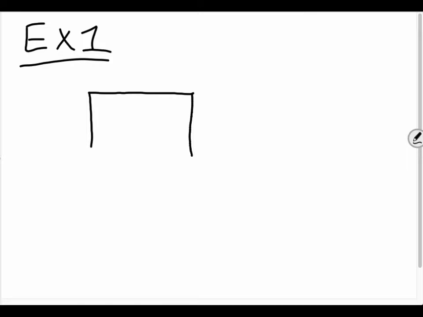So the first thing that we've got to understand in our textbook, example number 1, it's a little bit of review from chapter 1. If I have a box, right? If I draw a box, a three-dimensional box, and this is not always easy to draw.